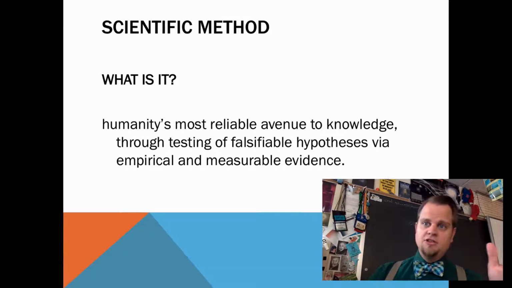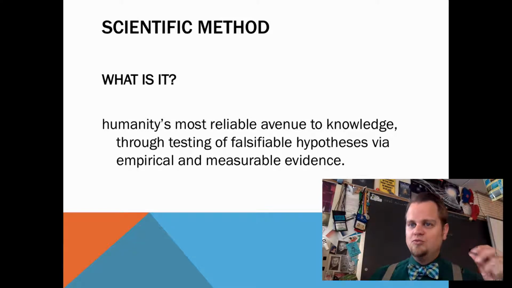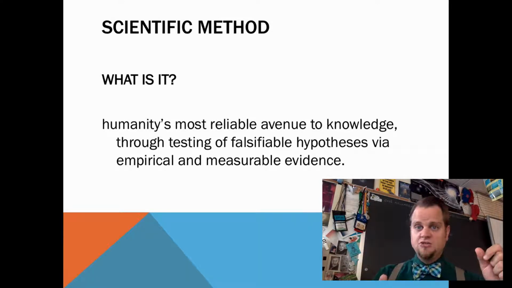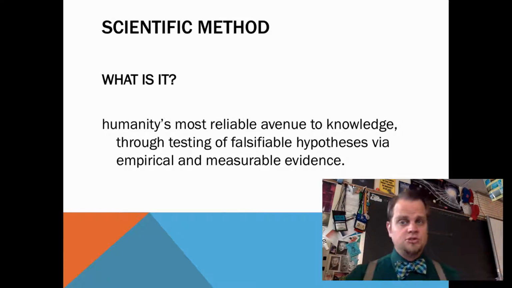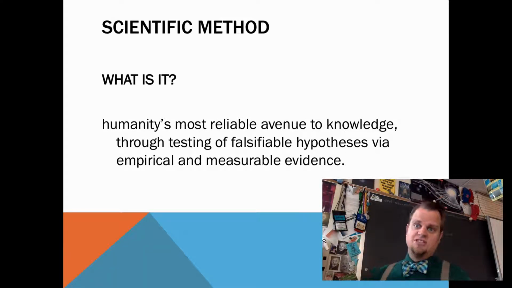The whole time, they're trying to avoid bias, and they account for as many outside variables as possible to make sure that they reach a reliable conclusion, whether or not it was their first idea. That doesn't matter. It doesn't matter whether the first idea was correct. It matters whether your results are consistent and realistic.